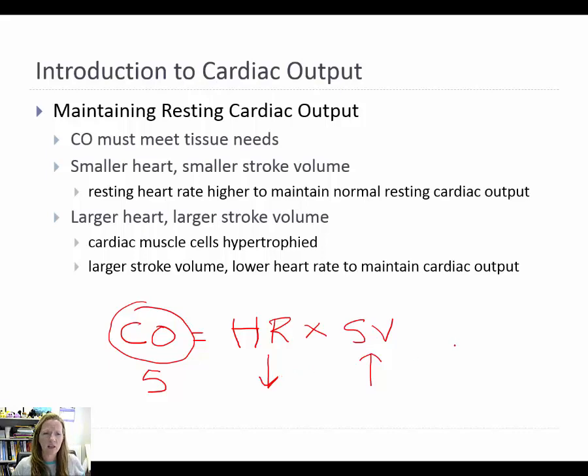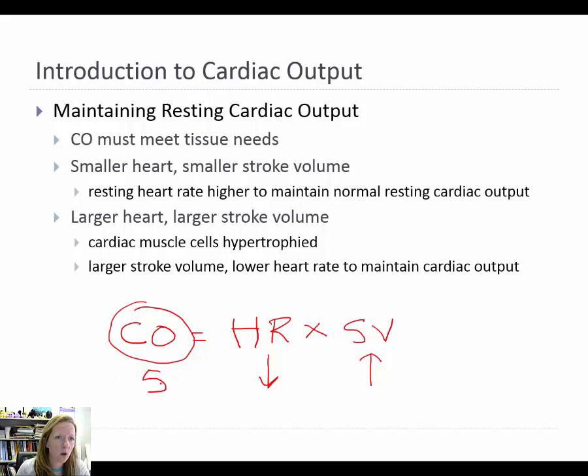Because if you look at a well-trained athlete, they are going to have an extremely low heart rate. It can be as low as 40 beats per minute. And it's because they are going to have a higher stroke volume, and we need to maintain this 5 liters. Now, in reality, there's going to be some instances where we want to have more than 5 liters, right?